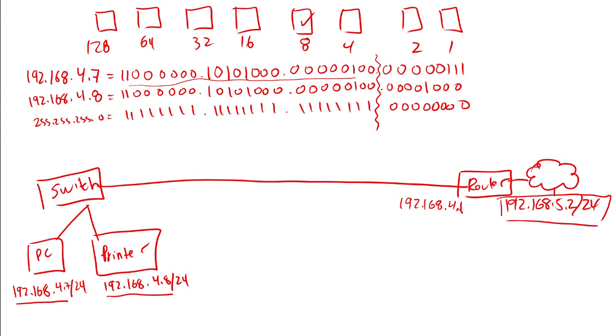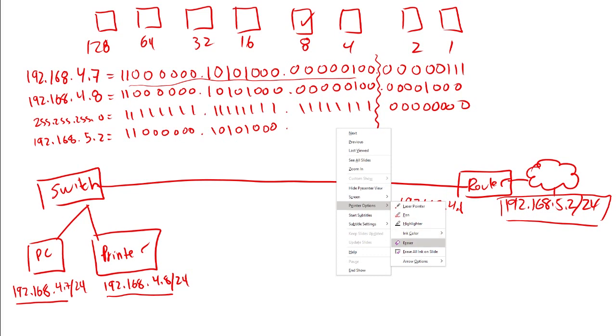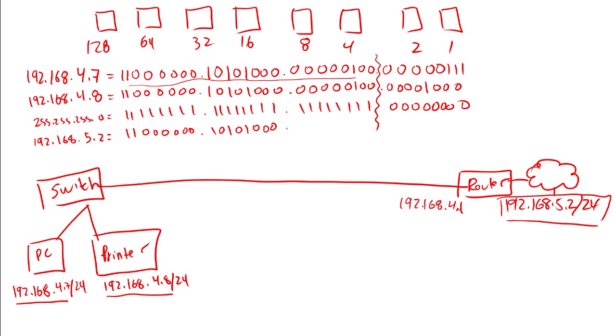We try to write out 192.168.5.2. We'd write out 11000000.10101000.5. So how do I get to 5? Well, I get 4 plus 1.